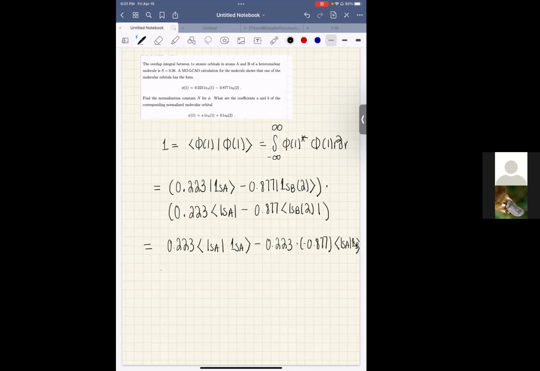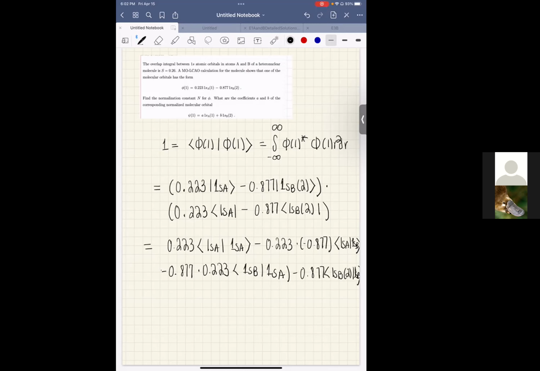And then negative, and that's minus 0.877 times 0.223 1s_A, 1s_B, minus A, and then that's going to be minus 0.877 times 1s_B, 1s_B.